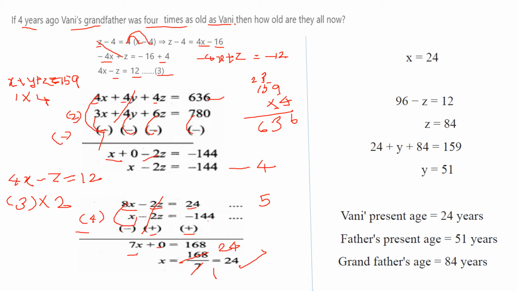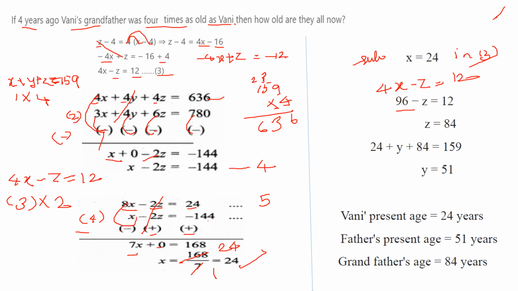So substitute X equal to 24 in third equation. Third equation 4X minus Z equal to 12. So 4 into 24, 96. 96 minus Z equal to 12.